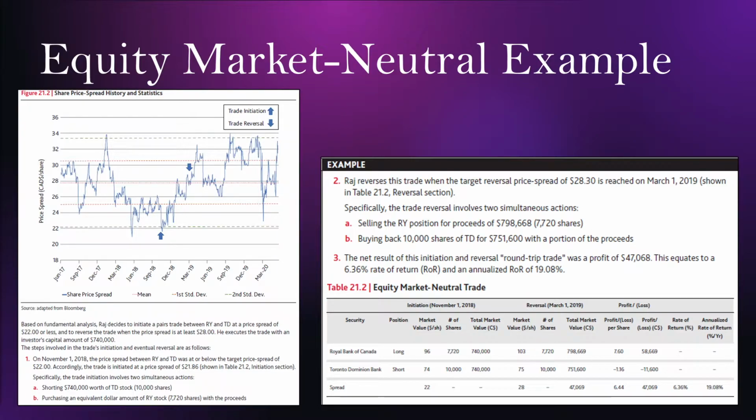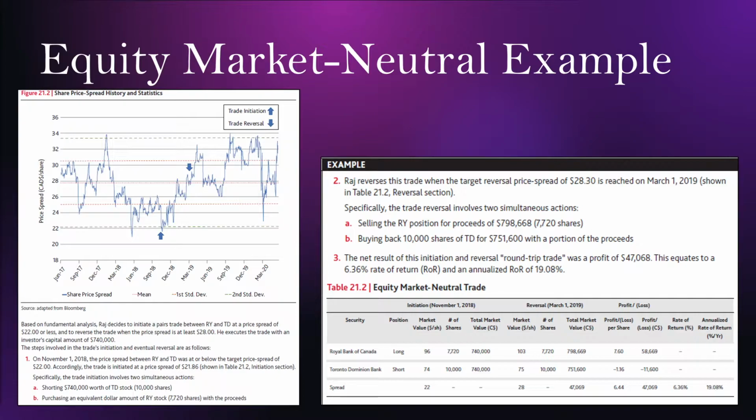But they found that this price actually reached the second standard deviation, and the price spread decreased to $22 for the price spread of RBC and TD. So because of that, TD is expected to be a little bit overvalued because the spread is lower. It's closer to the value of RBC, so you'll want to short that stock.